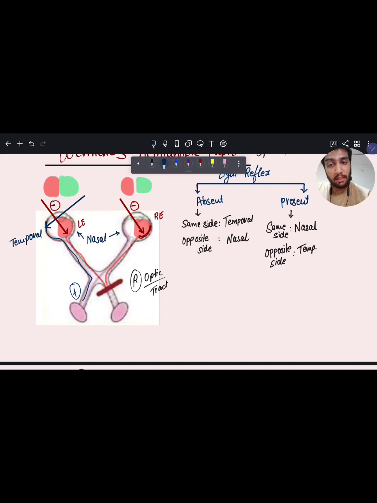In the same way, the nasal part of the right eye is also normal. If we are throwing light so that it falls on the nasal retina of the right eye, in the condition where the right optic tract is lesioned, as I told, nasal fibers are the ones that decussate and go to the other side, so we are going to have a positive pupillary reflex.